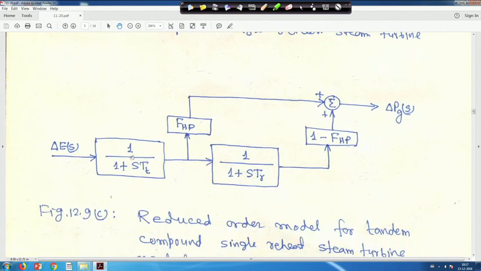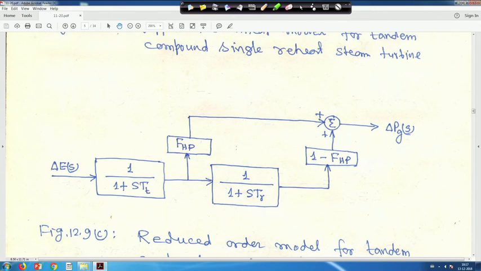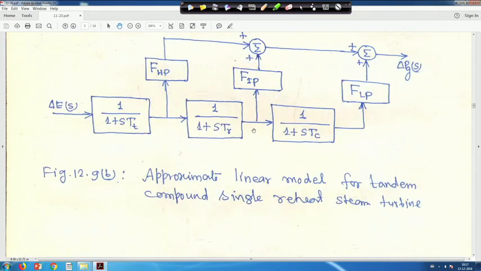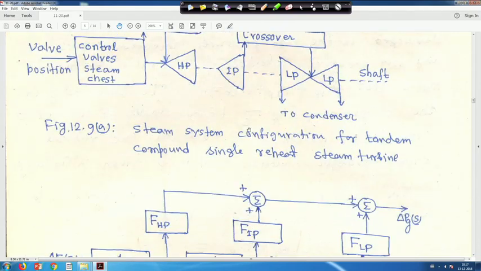So, it will be 1 upon 1 plus STT, this is FHP, then 1 upon 1 plus STR, TC is neglected, and FIP plus FLP is equal to 1 minus FHP. So, this is 1 minus FHP and the output is delta PG, right. This is that diagram. Now, from there we will try to find delta PG upon delta ES, that is simply the transfer function.